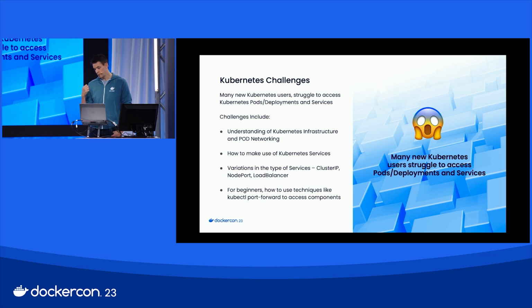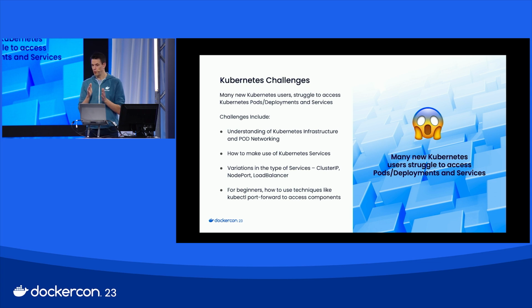So some of the challenges, why this extension came about. Where I teach Kubernetes, I often find that a lot of newcomers struggle initially with various aspects. The first one: the Kubernetes infrastructure and pod networking. When you install Kubernetes in Docker Desktop, it's hidden in a virtual machine.